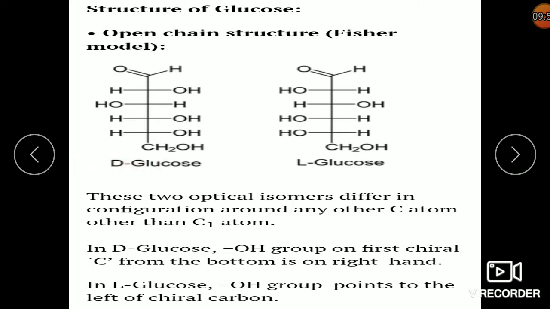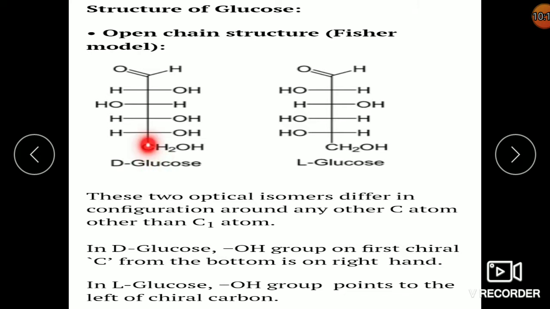So how to get this D and L form? From the bottom, if you start, the first carbon is achiral. Why is it achiral? Because this carbon has two hydrogens and one hydroxyl group attached. Two hydrogens means a common atom, so it is not chiral, it is achiral.